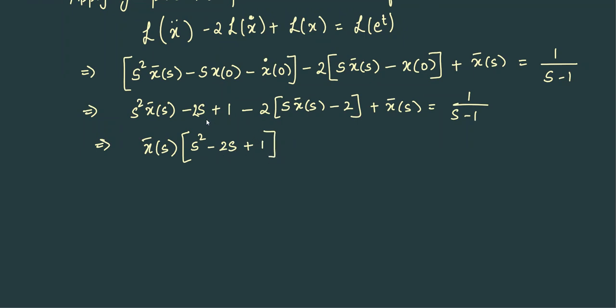Okay, then we have other terms other than x bar. You have minus 2s, this is plus 1 plus 4, so plus 5.